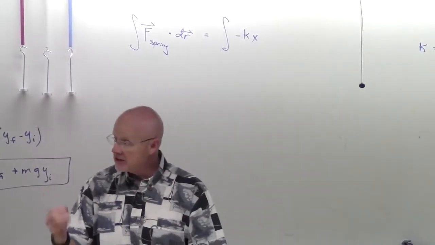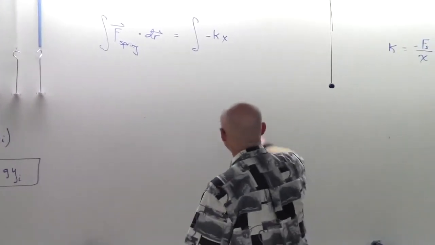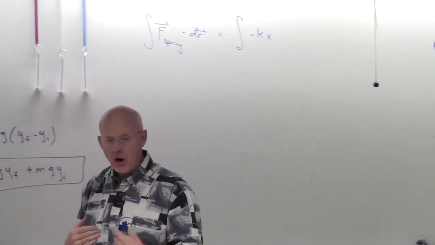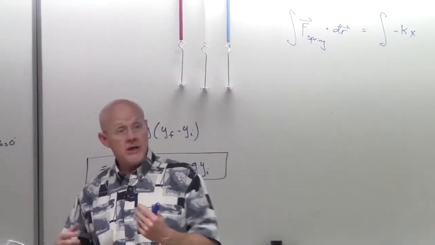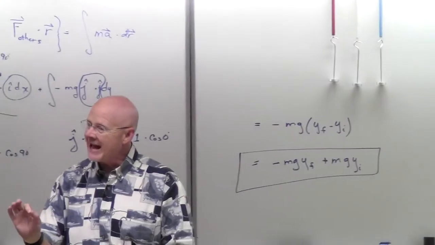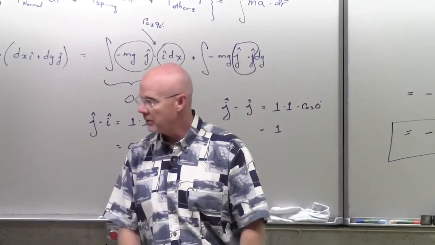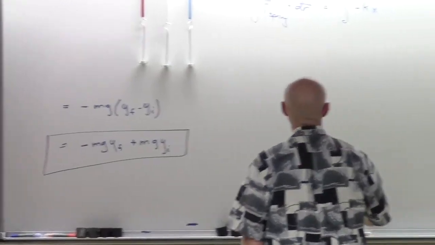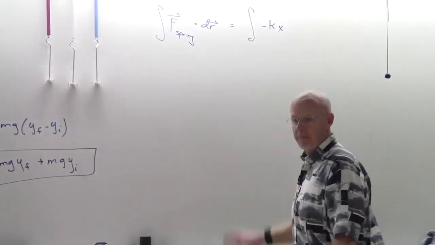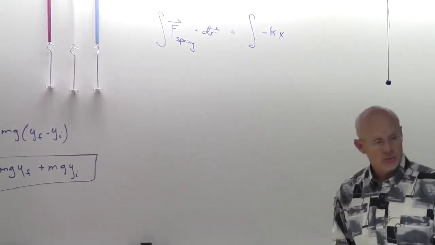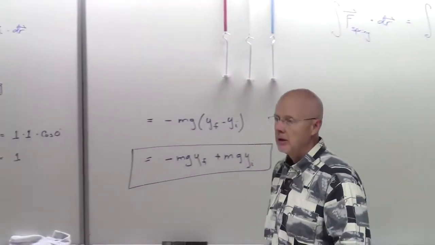And so what we like to say is this little x represents how far the spring is either stretched or compressed from its natural length. Okay? And so I'm going to put that equation in here. Which is kind of nice, because that means if I have a spring, I can either stretch it or compress it.